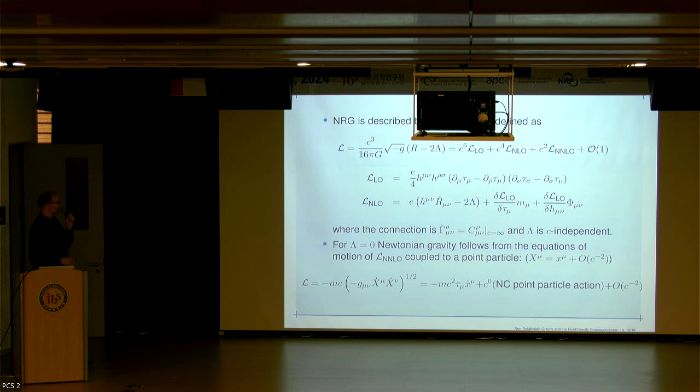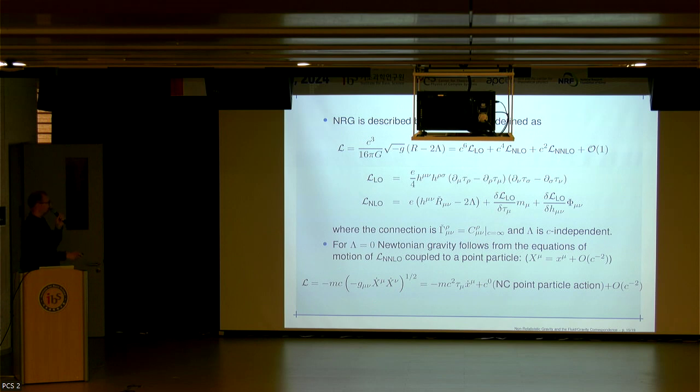So here I just wrote down what these actions look like, but the details are not too important. Also, you can show that Newtonian gravity comes from this particular theory. If you set the cosmological constant equal to 0 and you couple this to a massive particle, then you get exactly Newtonian gravity in a covariant language.